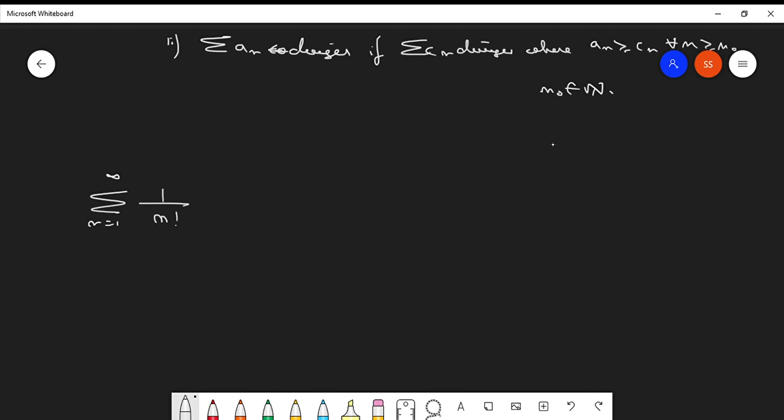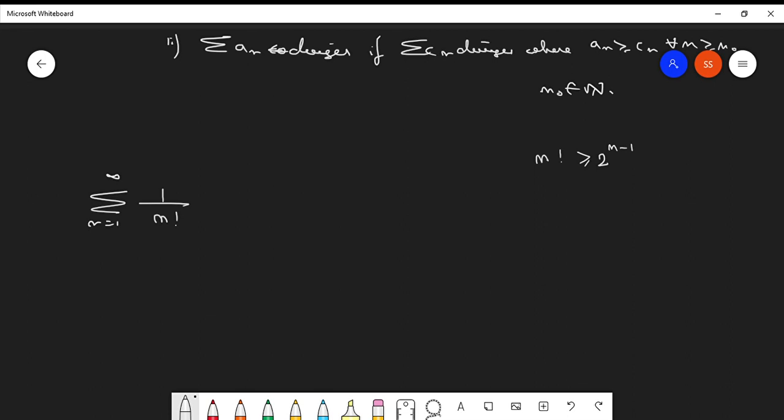This is the series we consider. I guess you people know that n factorial is greater than or equal to 2 to the power n minus 1, right? You can prove it by induction.